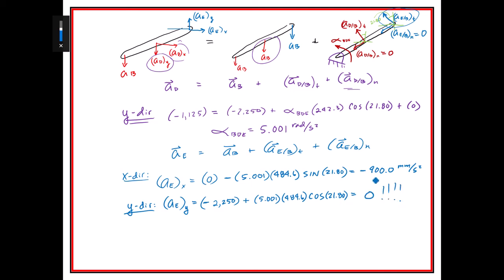But it actually will have some change. And by the way, this 900 actually would have some values in there. In fact, I think I got lazy on my page, but if I use that 5.001 from up above and 484.6, multiply it, and then let's do the, wait a minute, I can reuse that, so hit that again, and 21.8, and the sine of that times, actually I do get the 900, okay, so that's good.